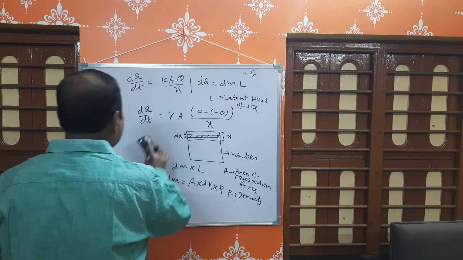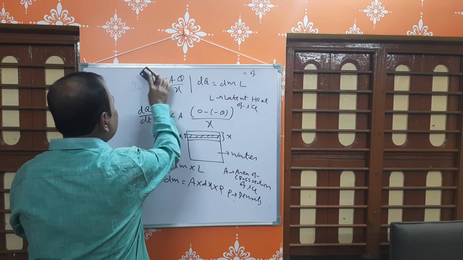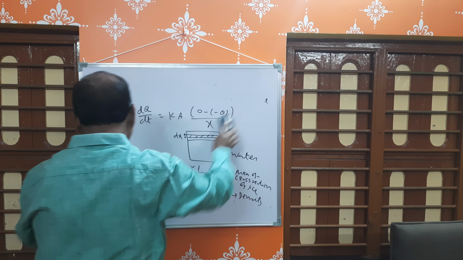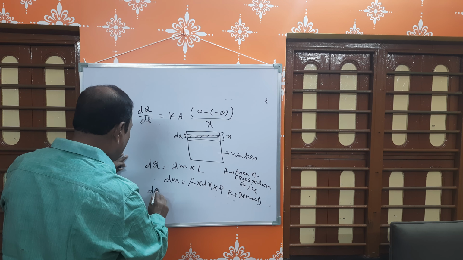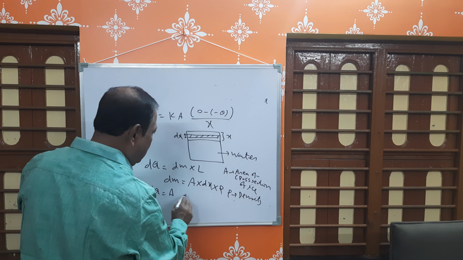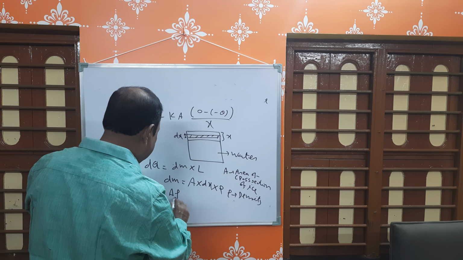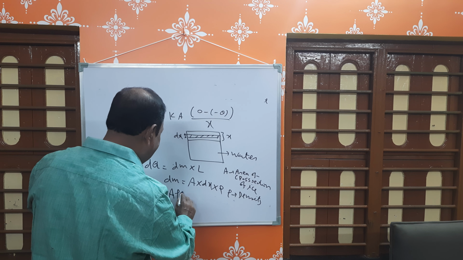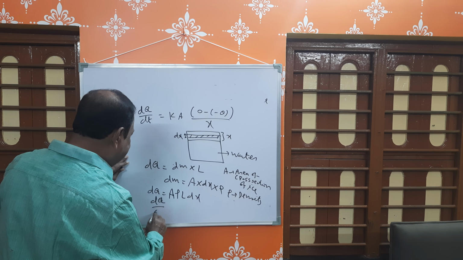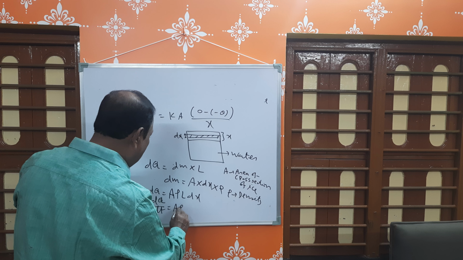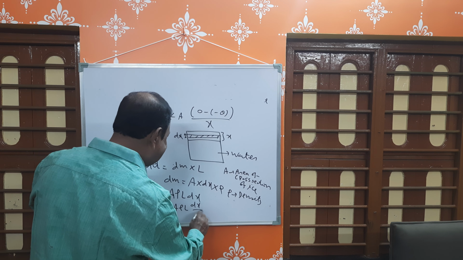So I can write down dq is equal to A rho L dx. So dq/dt is equal to A rho L dx/dt.